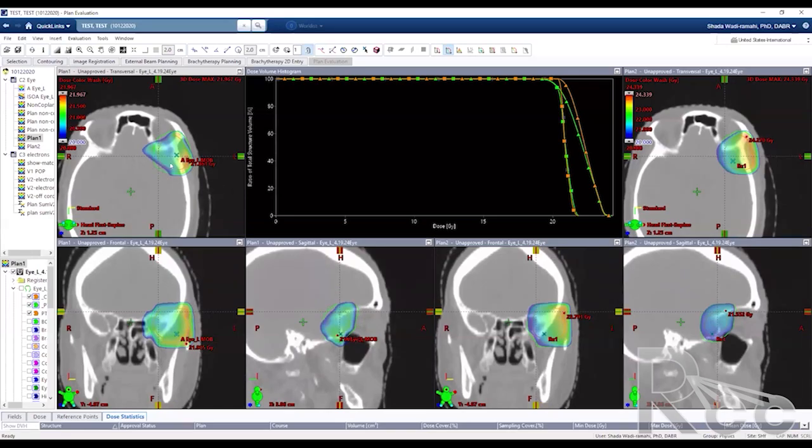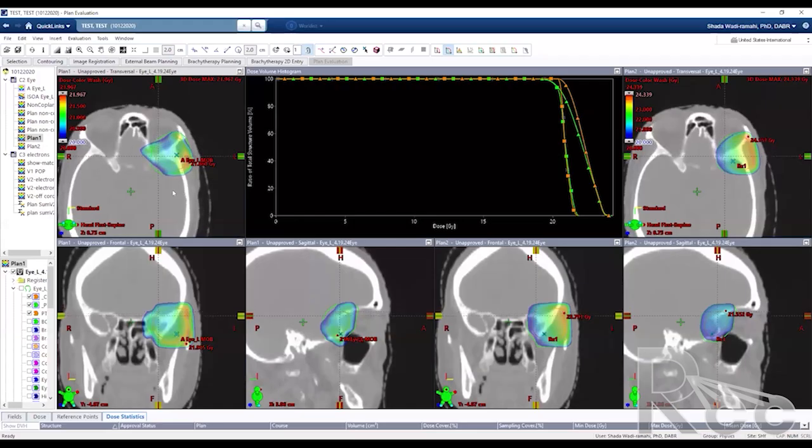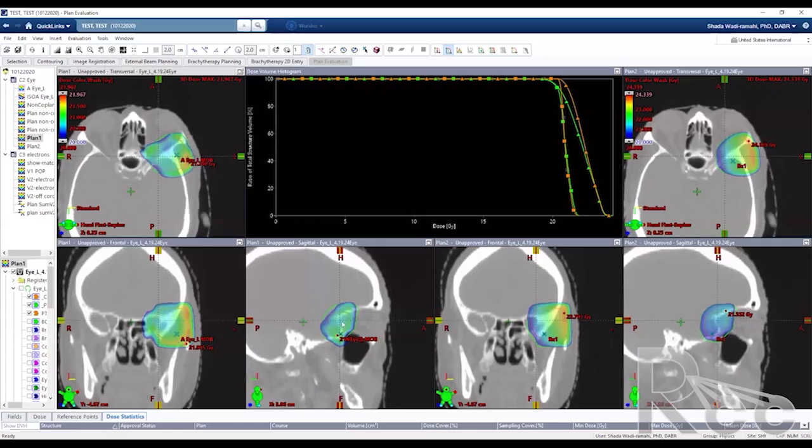So this part, the posterior medial part of the tumor, is consistently underdosed. And this is very close to the CTV. And if I draw your attention to the sagittal view, where my mouse is, you can see that this entire part of the PTV is underdosed. And also the entire part of the anterior PTV is underdosed.